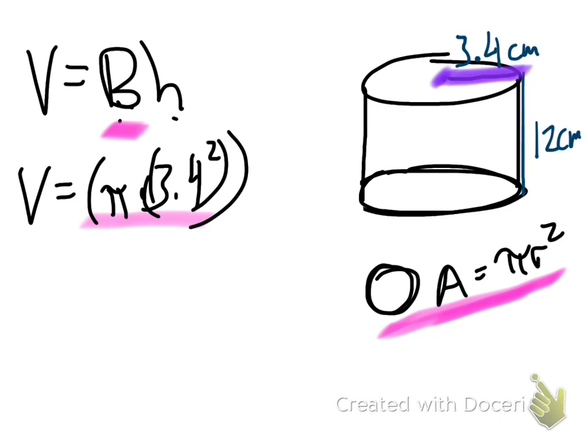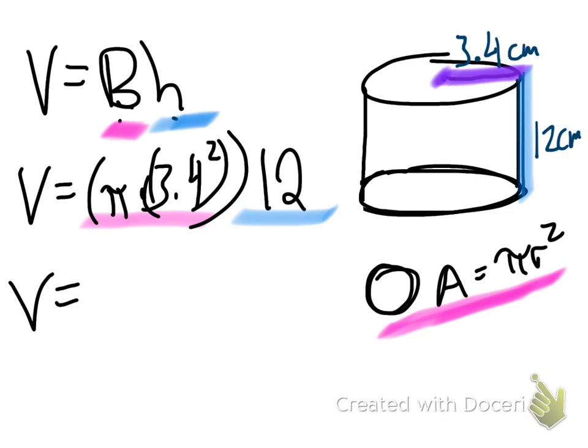And then your height, how tall is your cylinder? Plug that in. My height is 12 centimeters, so volume equals pi times 3.4 squared times 12. I'm going to plug that in my calculator.